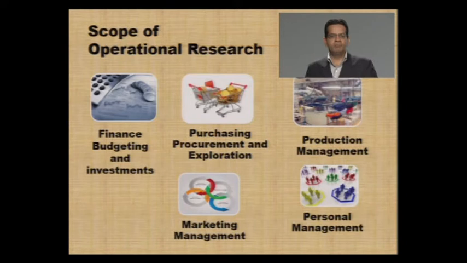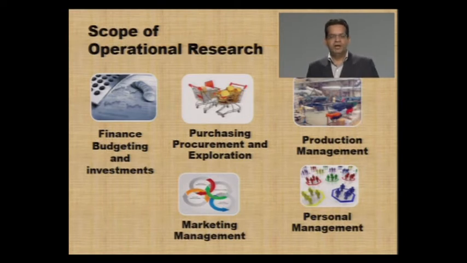All these techniques are based on inventory models, and they use software, so there is no need for calculation. When the inventory is short, a notification automatically comes to the manager and an order is placed to the concerned party, so that there is no shortage in the inventory. So even purchasing, procurement and exploration are all based on the OR techniques.